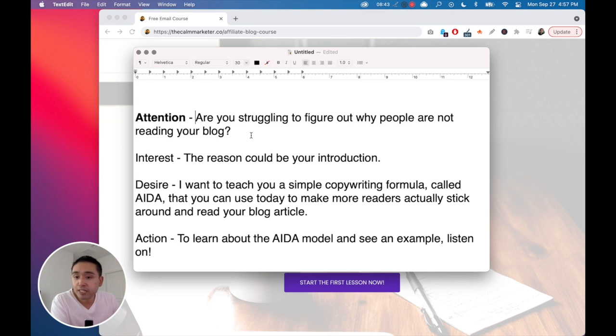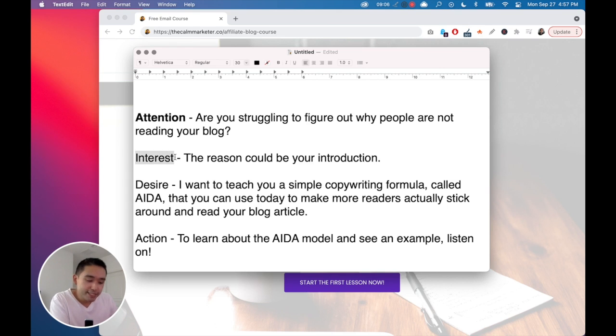If you are an affiliate blogger, a lot of times your blog pages might have high bounce rate. Or maybe your clients are asking you, hey, why are people bouncing off? Why are people not reading the blogs that we publish? And you want to pose that question. So if they are a blogger and if they read that, they'll stop.